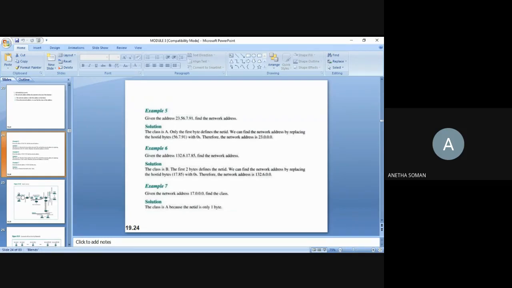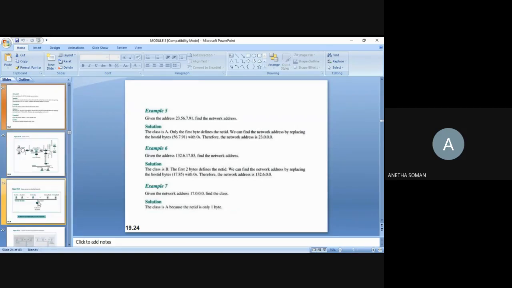So when you are considering classful addressing, there is a level of hierarchy. Each class address is divided into a net ID and host ID, right? So you have a sense of hierarchy in IP addressing. If you want to deliver a packet to a particular host, first you should reach the network using the net ID.